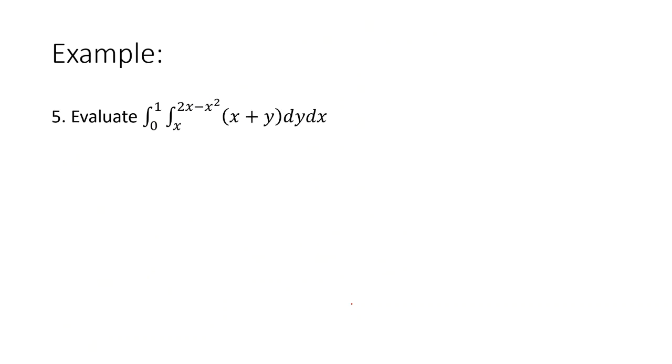Okay, next one. We have the integral from 0 to 1, x to 2x minus x squared of x plus y dy dx. Okay, in this case, we'll isolate this one again.